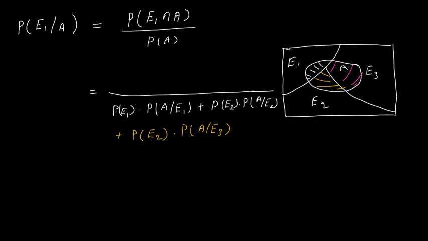So it is nothing but probability of, say I will say that probability of E1, again Bayes theorem we are applying, into probability of A by E1. Now if you don't see this diagram and you just want to apply formula, then from here what we are doing, we are writing probability of E1 into probability of A by E1.